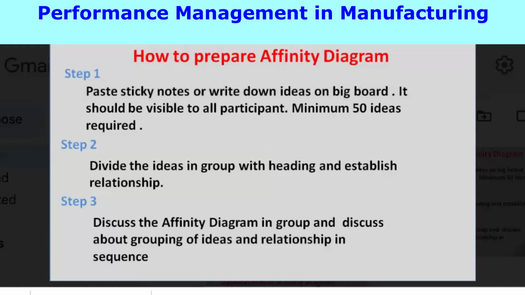Now we have discussed what the affinity diagram is. Then we go to the next step, that is how to create the affinity diagram. The first step is to select a big size board, because you have to put around 50 ideas on that board. It should be visible to the people whom you are calling for the contribution.